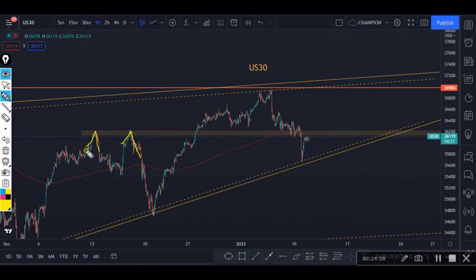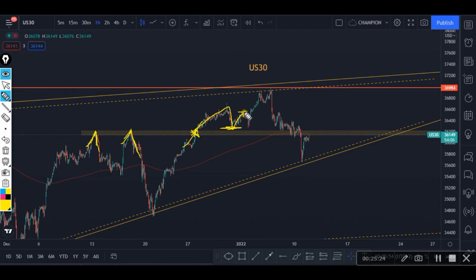The market created the resistance, and later on it broke out of that resistance. It broke that resistance and went up to come and retest that area and pushed high, which means this area is now our support. This is the same thing, similar to gold.